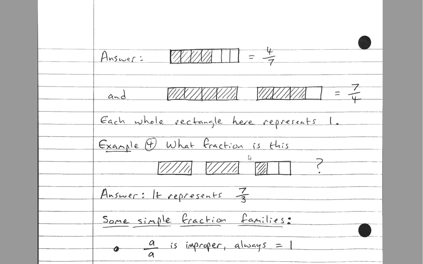Just by itself, this is 1/3. But we also have 3/3 from this rectangle, another 3/3 here, so that's 6/3, plus one more. So that's 7/3 altogether.